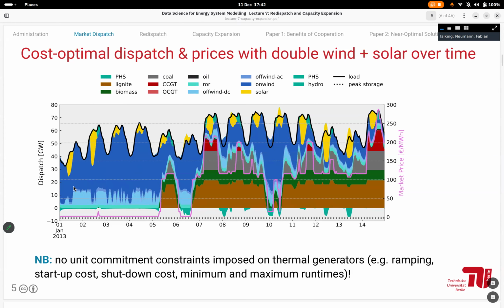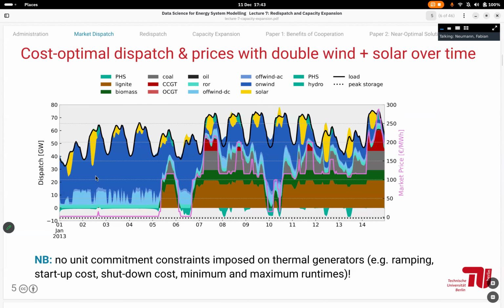You can look at different weeks where we would just double the renewables capacity. You can see how, when you have more renewables, you might have more periods with zero prices and maybe more variation in the prices themselves.